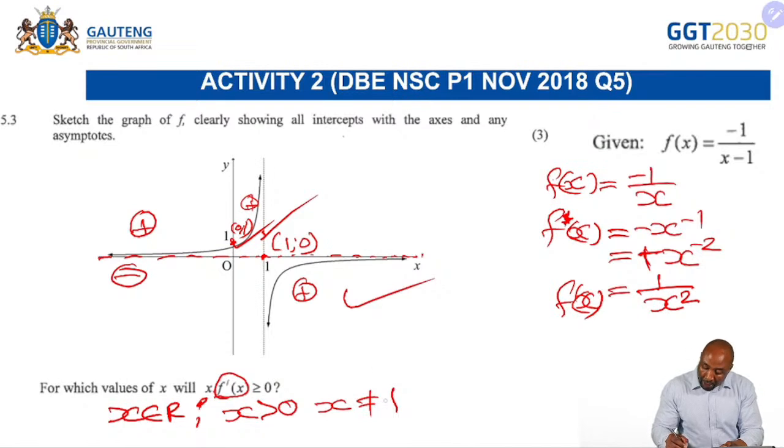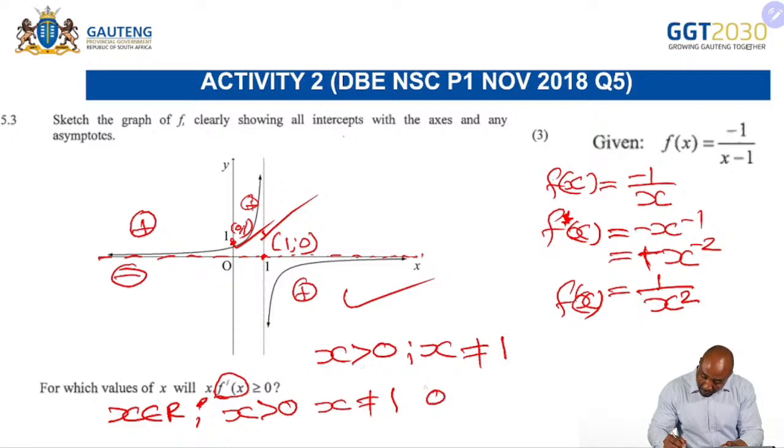So to make our life easy, we can just say x is greater than 0 and x not equal to 1. Because of the equality sign that we have, our x can be greater than or equal to 0, but it cannot be equal to 1.